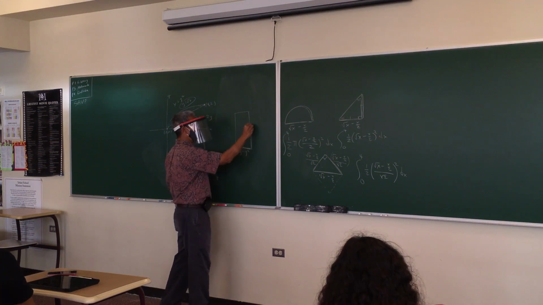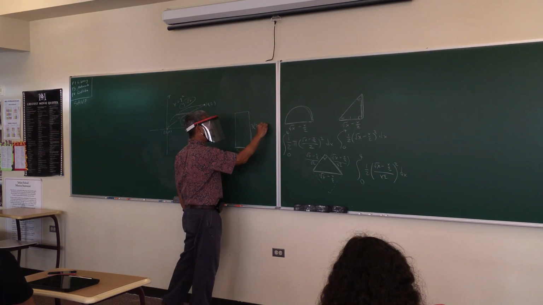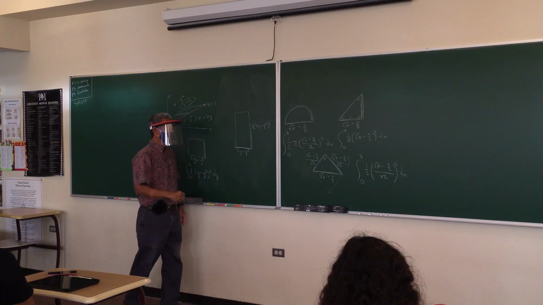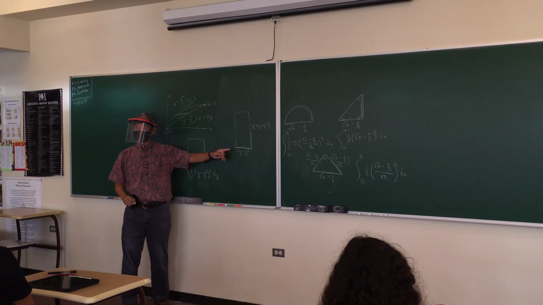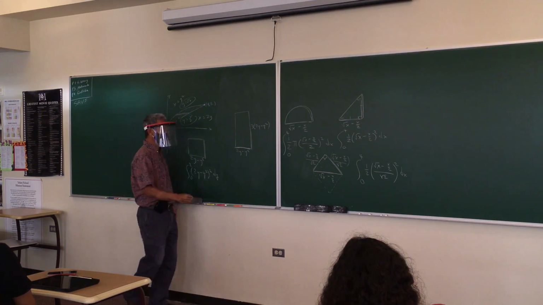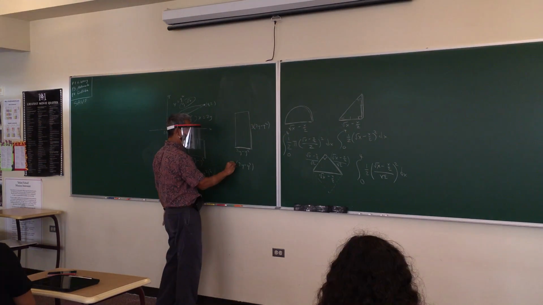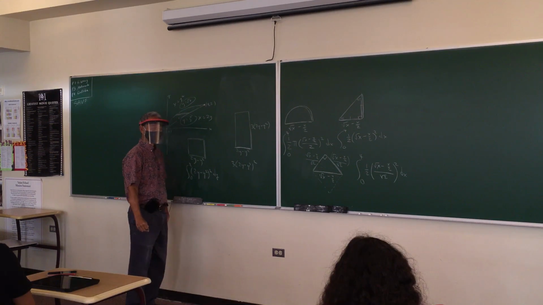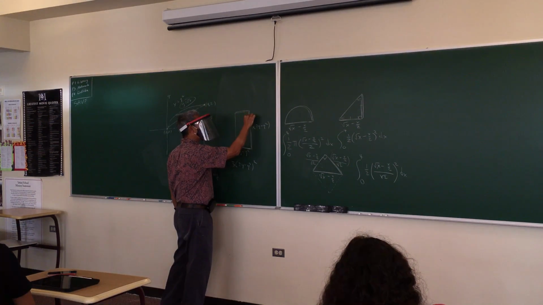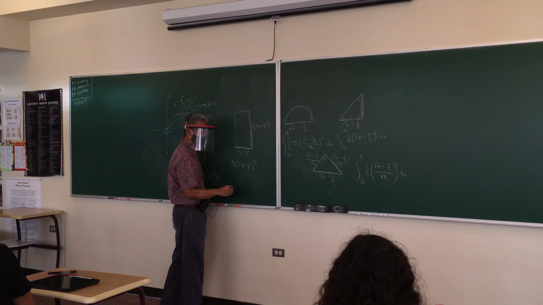If it's 3 times, just go 3 times 2y minus y squared. Can we figure out the area of this rectangle? Yeah, just base times height. So just go base times height. So wouldn't that be this then? But then it has a thickness, which is dy.